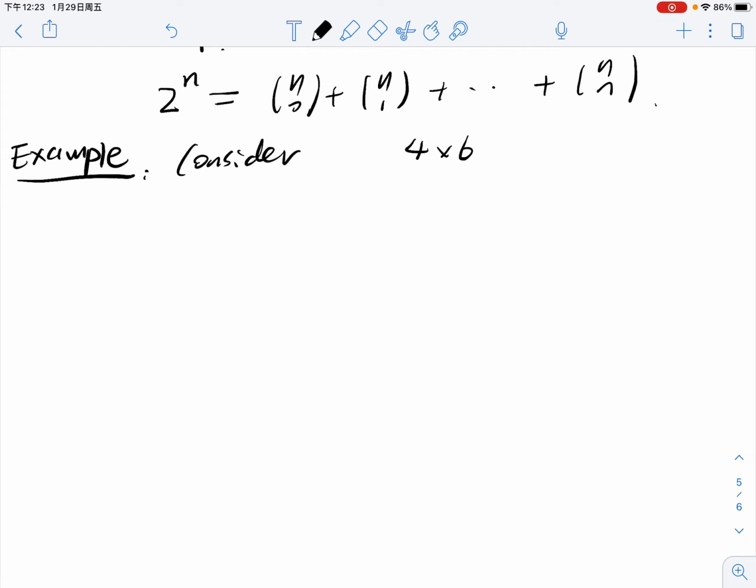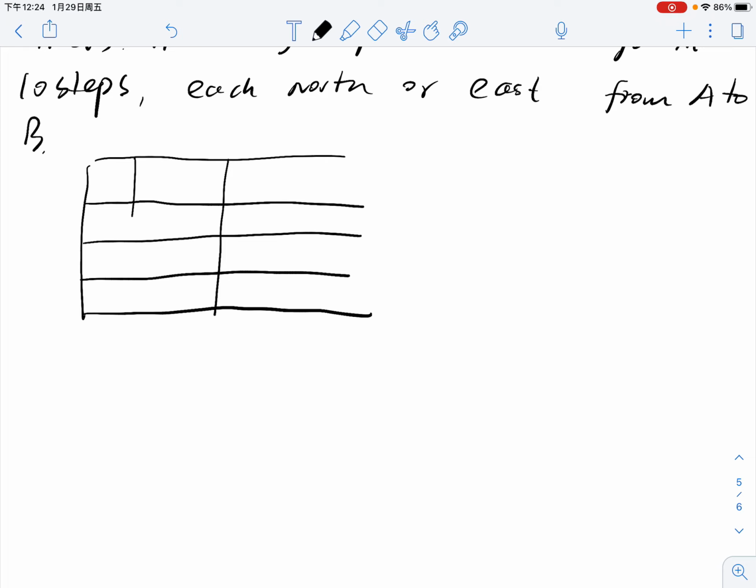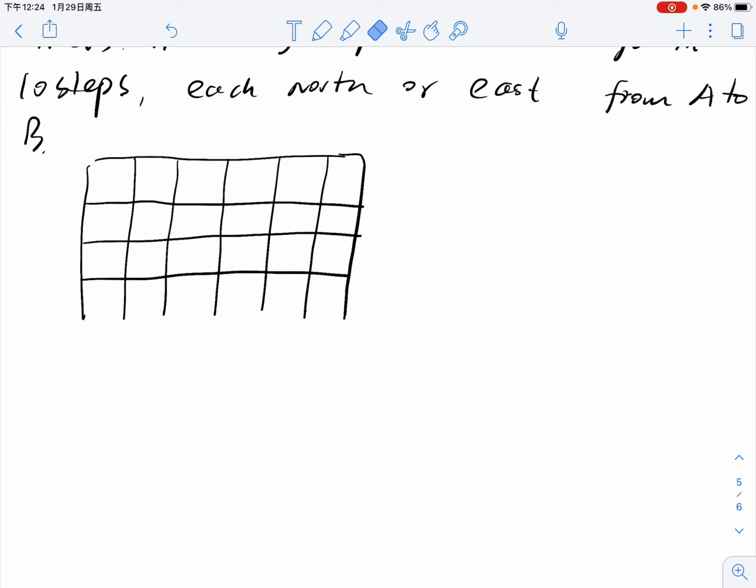So the problem is like 2, 3, 4; 1, 2, 3, 4, 5, 6. So that's a grid, and A is here, B is here. We want to know how many ways there are.